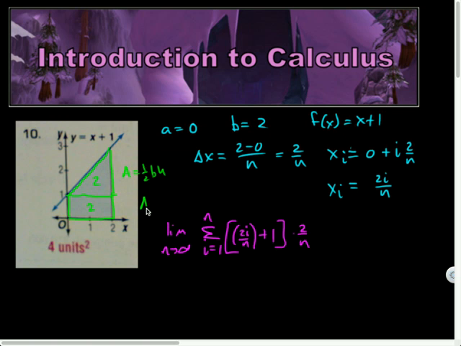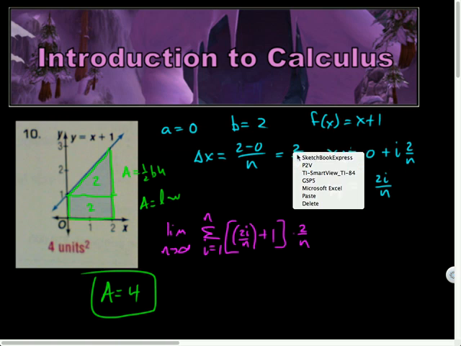Area of the rectangle is length times width. You end up getting 2 and 2 for both of those. Add them up, you get 4. That is actually the same thing we would get if we did it this way. We're good. So there's problem 10.